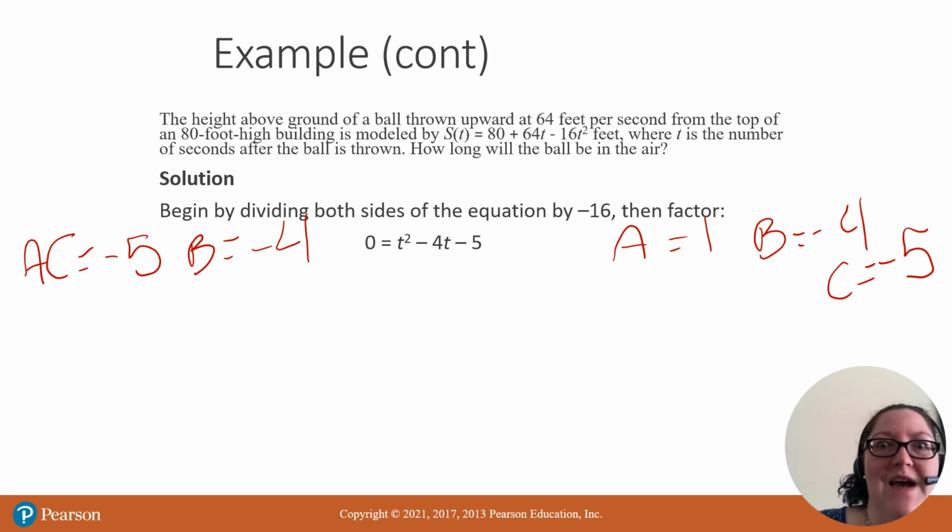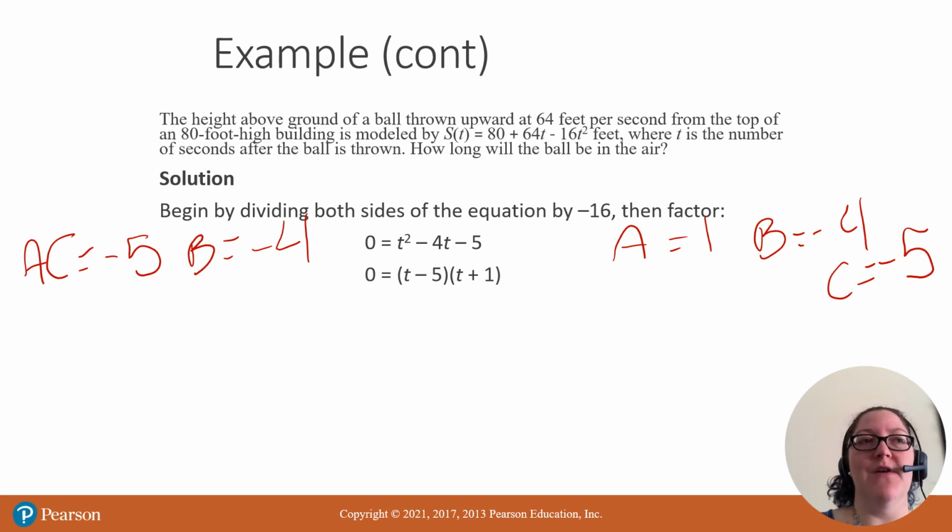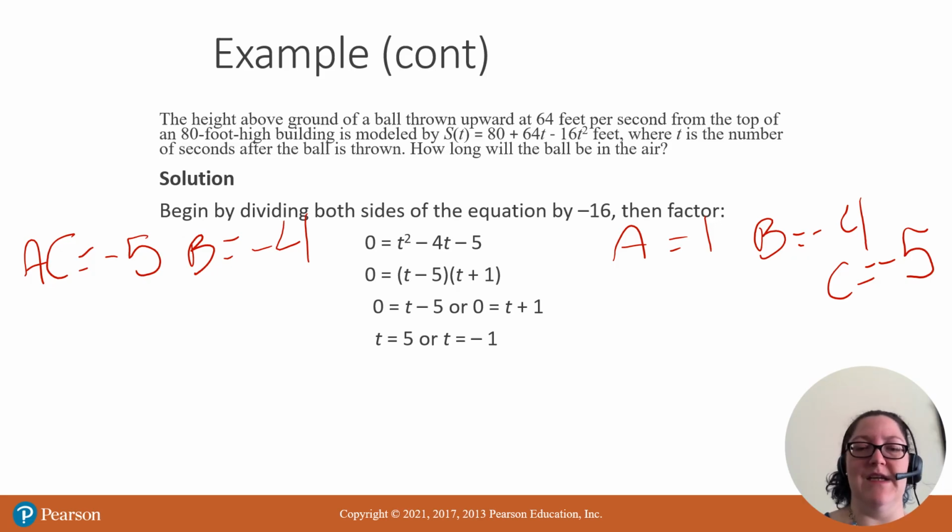Well, it's actually just what the AC numbers are. So I can factor super quickly, because that A term being 1, I can go straight into the two factors and get t minus 5 and t plus 1. Set each of those factors equal to 0, and then solve it out, and we get t equals 5 and t equals negative 1.